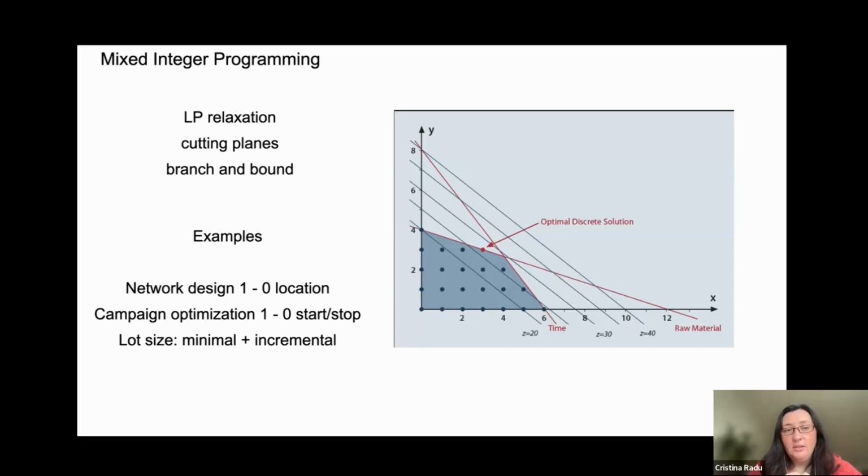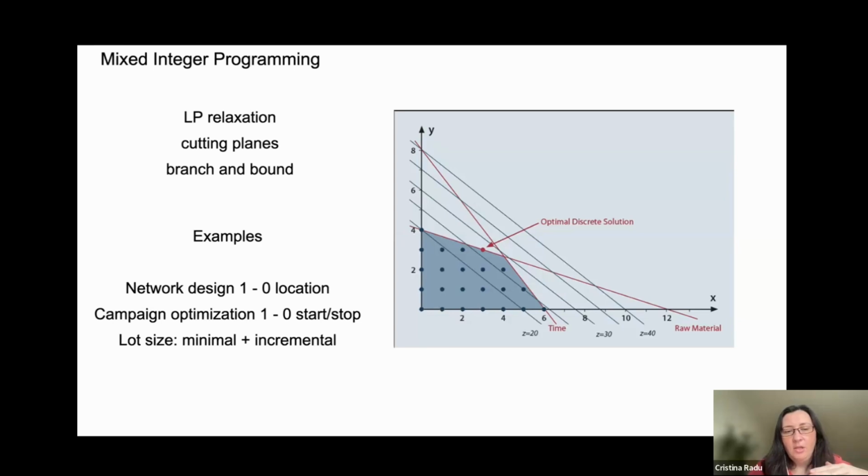But what's more important in supply chain, when do we need to use mixed integer programming? When we have network design, so we need to decide, I have a location here, yes or no. That's expressed in binary 1 and 0, but in particular, it's in integers. Campaign optimization, we also need to start a campaign, stop a campaign, and it's the same. And also for the lot size.